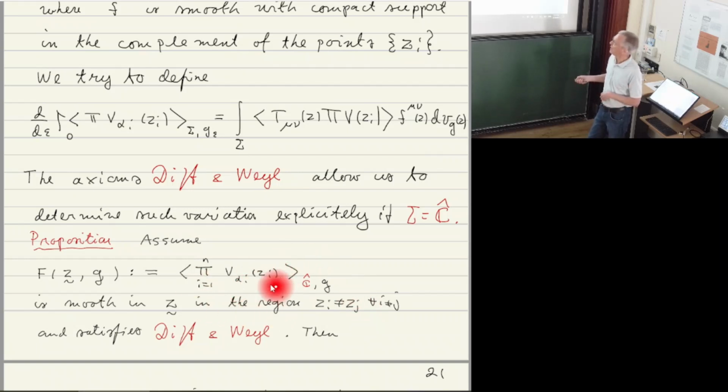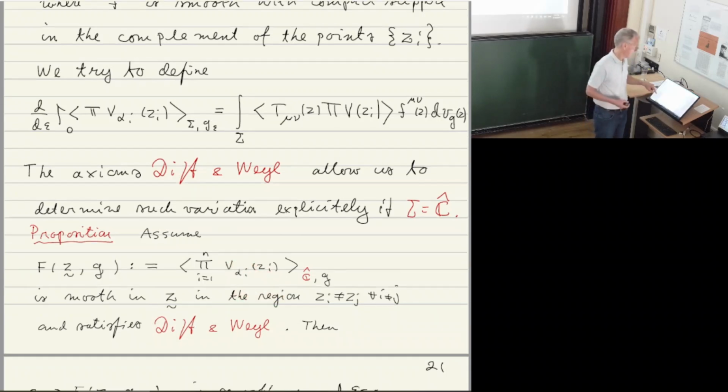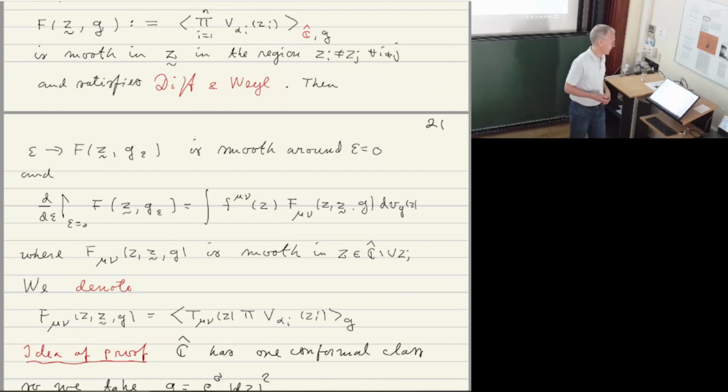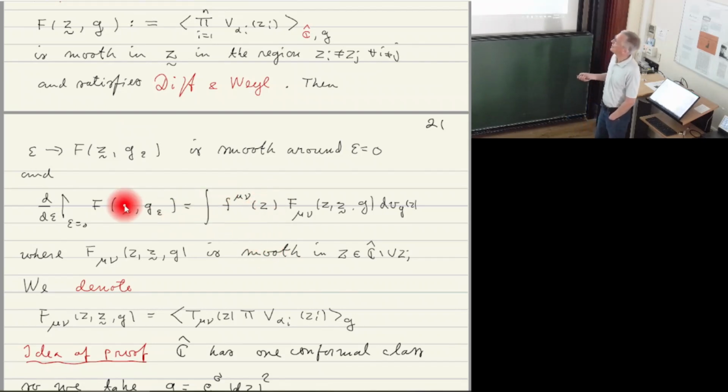Then this function is smooth in epsilon around epsilon equals 0, and its derivative at epsilon equals 0 is indeed a distribution, and you integrate over this thing times another function which depends on the points and z, which is also smooth in the complement of the points. So that's the theorem. And then we denote this by this.